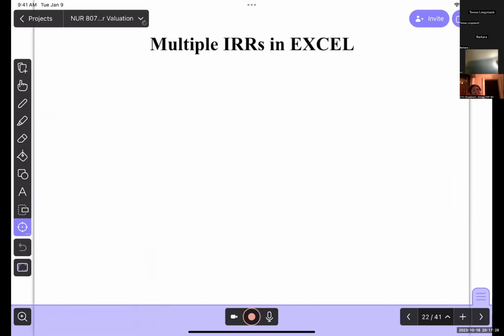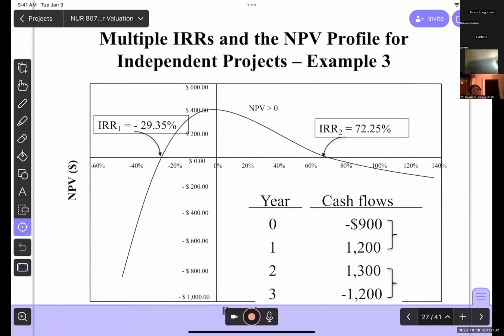It's 72%. No one's going to have a required rate of return of 72%. That's asking a lot. Every dollar that gets invested, you get 72 cents, or every million, you get 720,000 return. That's not common. It's very unlikely. And then this negative, nobody's going to use a negative rate of return because that doesn't even make sense.